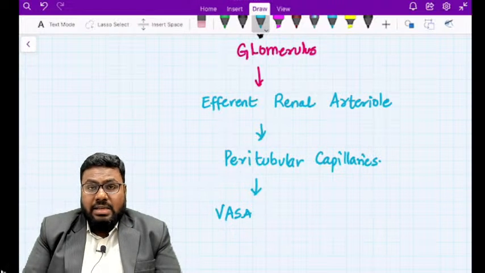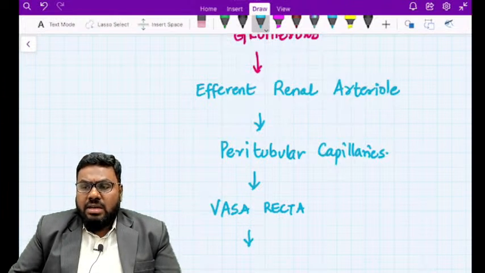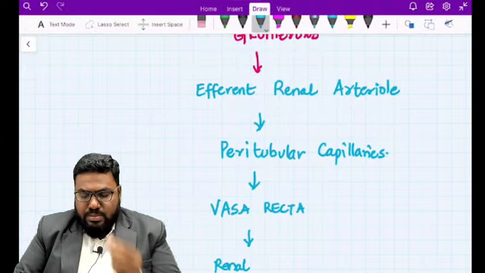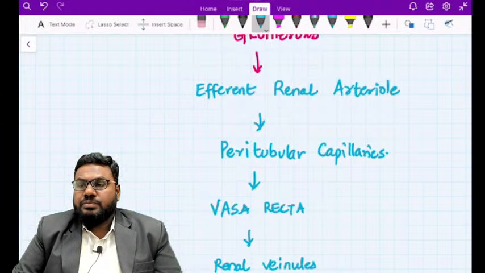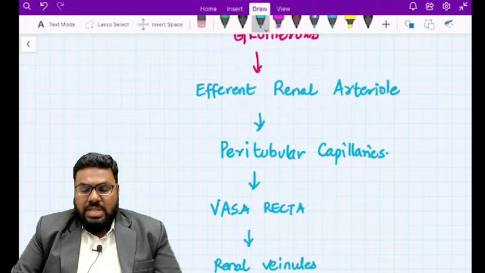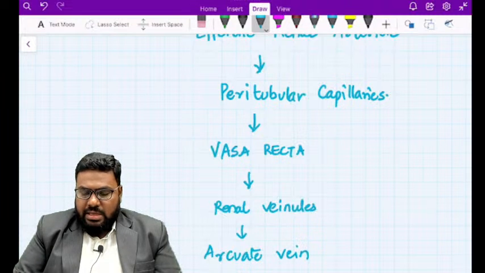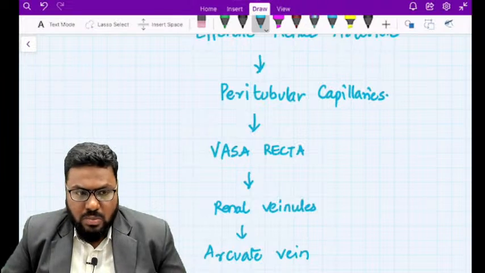So here the tubular secretion and reabsorption occurs, and then it reaches the renal venules. All right, renal venules. That is the arcuate vein, and then the renal vein.